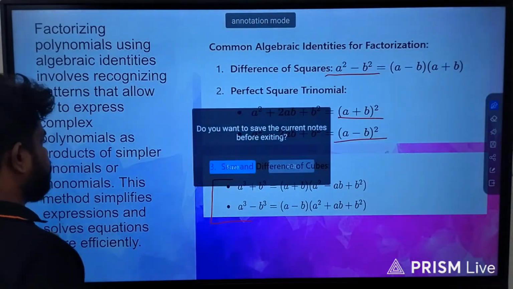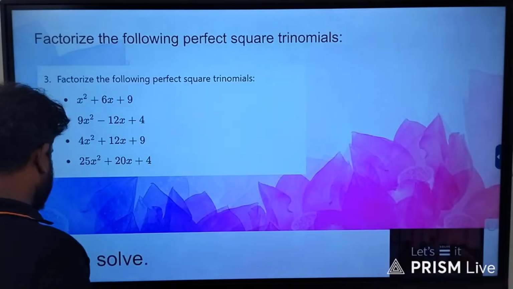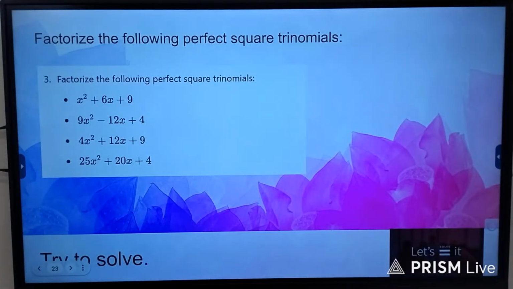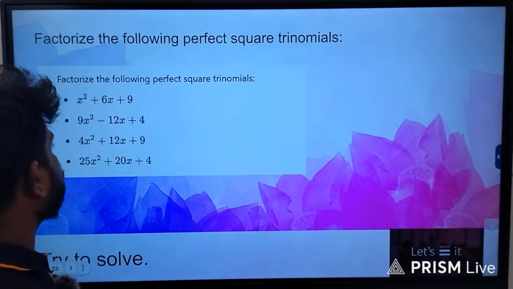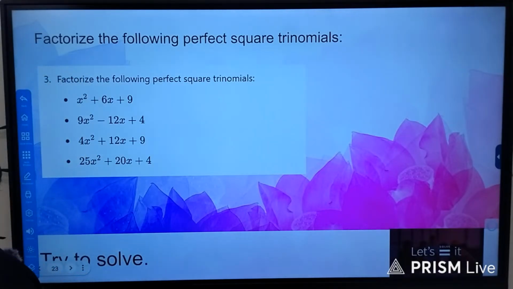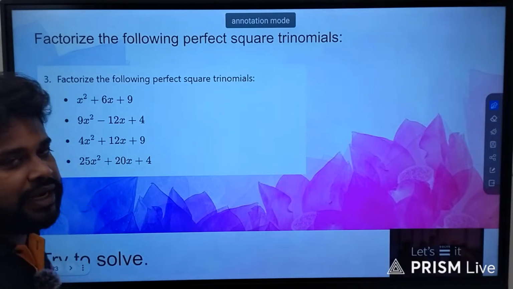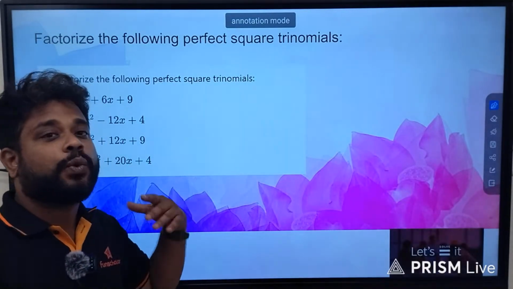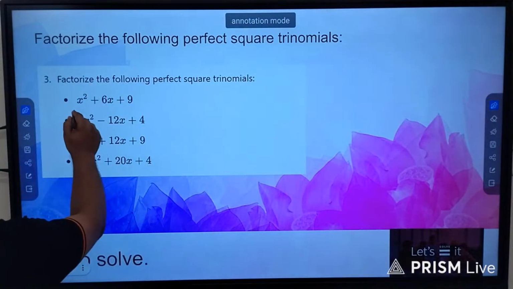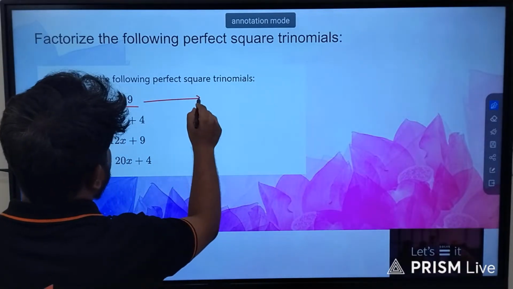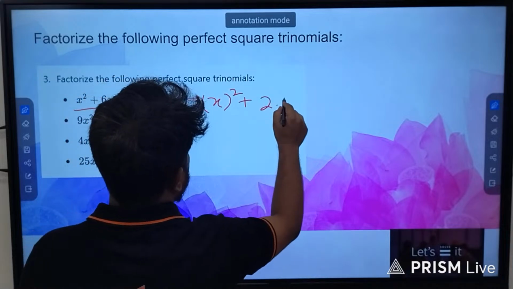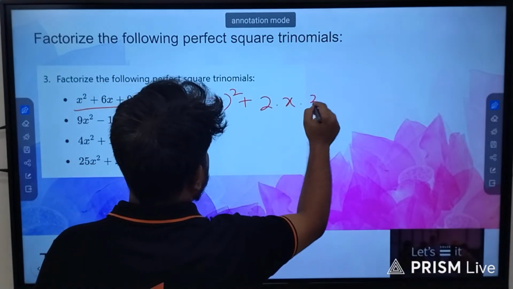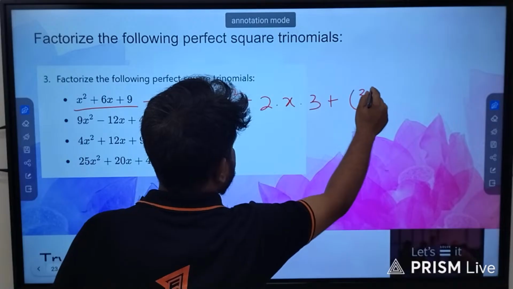Okay, let's go further. Factorize the following perfect square trinomials. That means they have already told us that we have to use the square formulas here. For this case, it can be written as x square plus 2 into a into b plus b square.